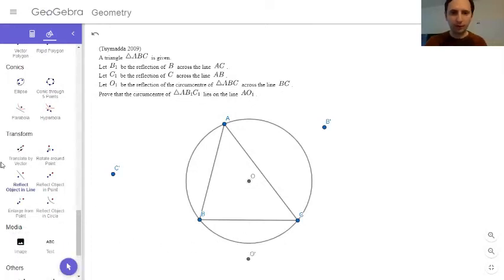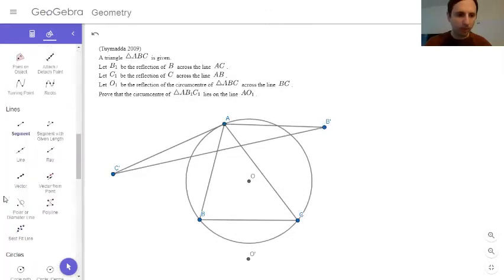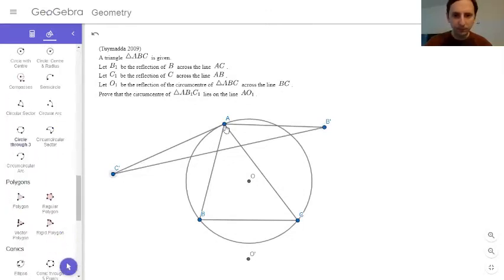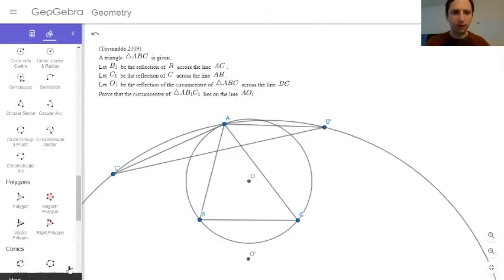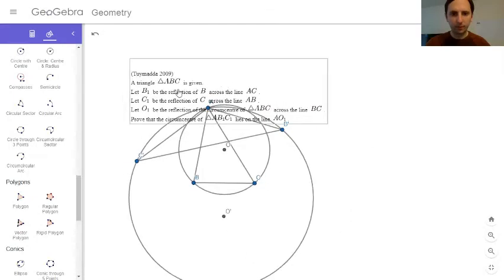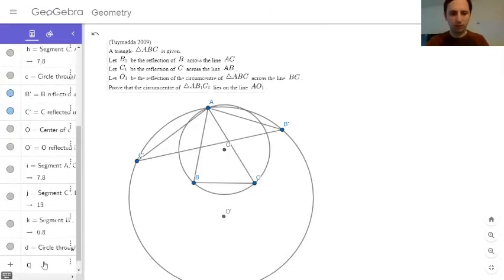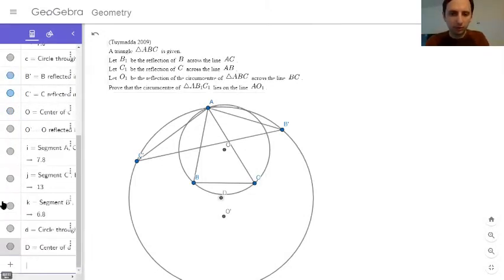We want to show the circumcenter of AB1C1 lies on the line AO1. All right, let's see if I can make it, there we go. So we want to show D lies on AO prime.